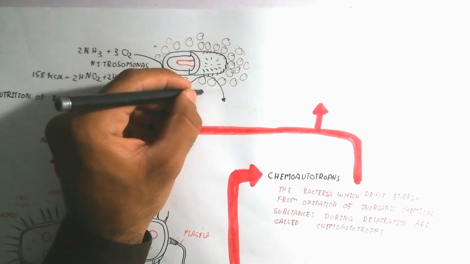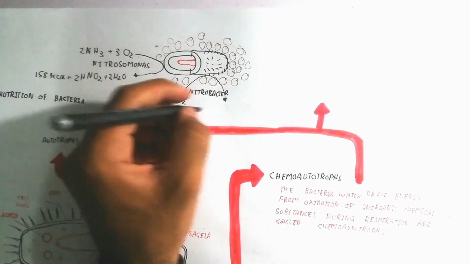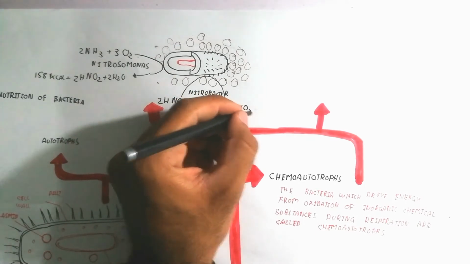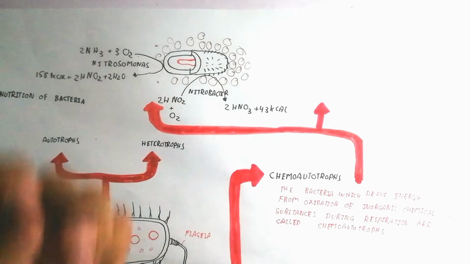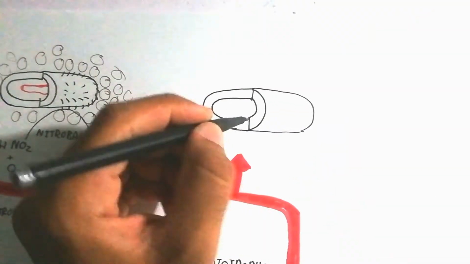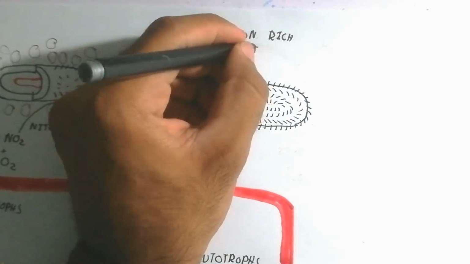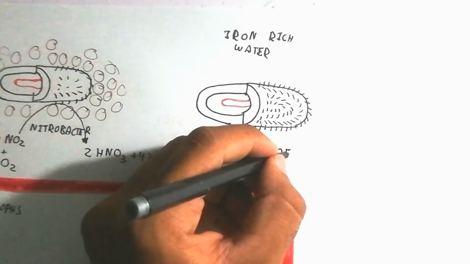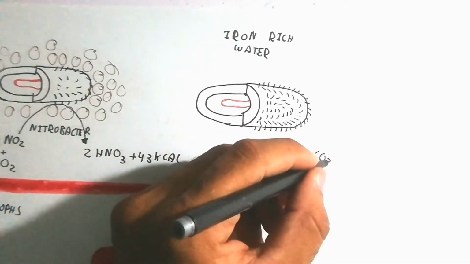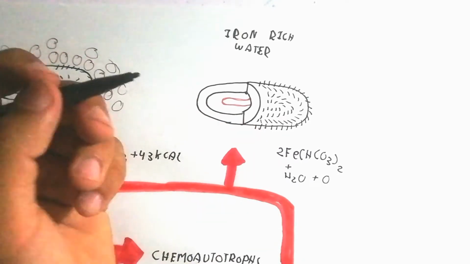Here is another Nitrobacter, which converts nitrite into nitrate in the presence of oxygen, and the nitrate is used by the plant, for example, and 43 kilocalories of energy is produced. Another group is the iron bacteria. In iron-rich water these bacteria are present, and there is iron fixation.